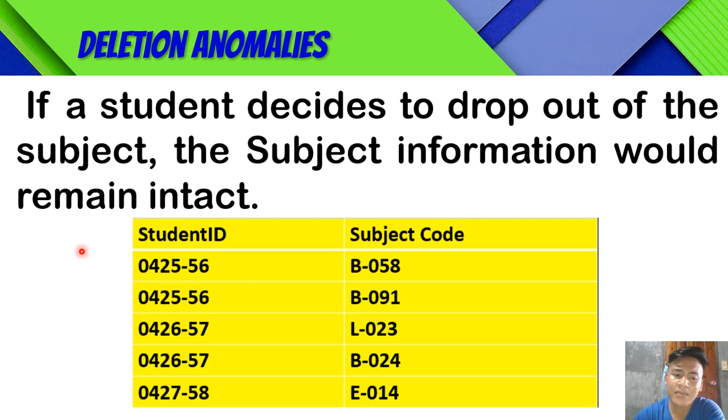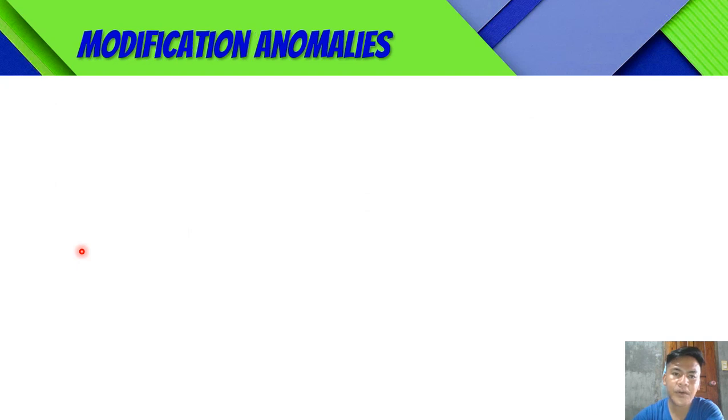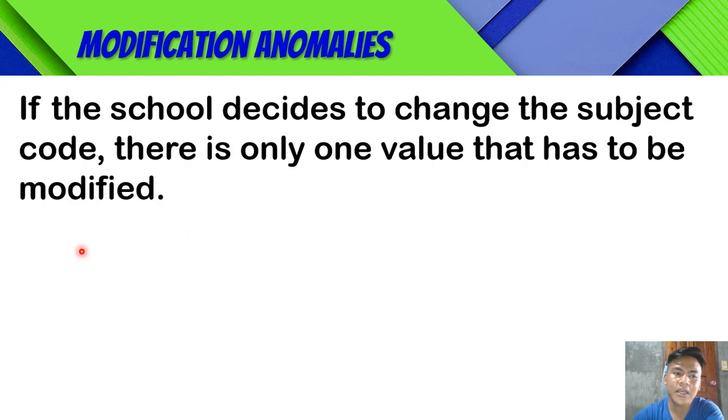Kasi drinap lang naman niya yung in-enroll niyang subject. So dapat ang i-delete lang natin is yung in-enroll niyang subject, but we should not delete the subject that we created on the subject information table. So that's deletion anomalies.